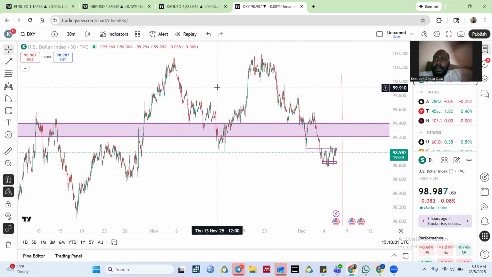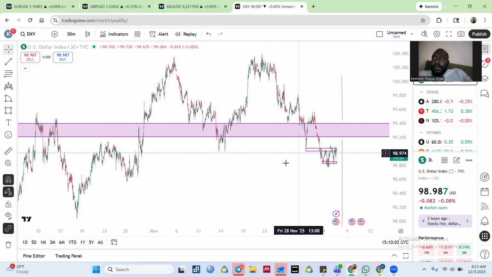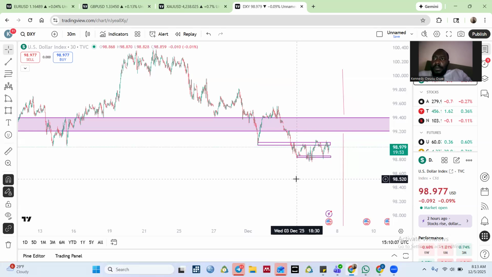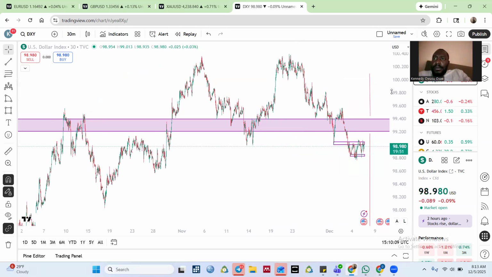And if the dollar index is bearish or selling, you find Euro USD to be buying. So if we are able to get the analysis right on these two pairs, it's going to help determine the direction of a lot of other pairs in the market.